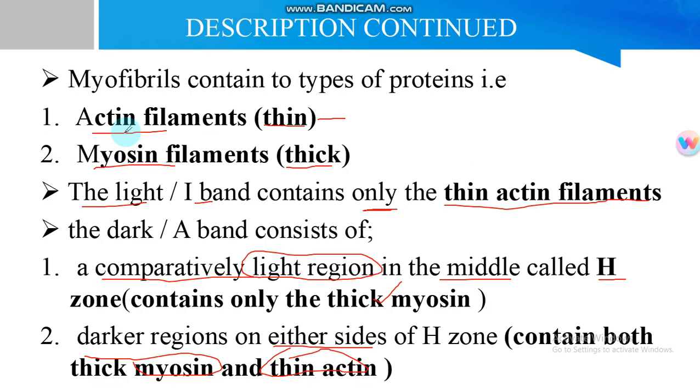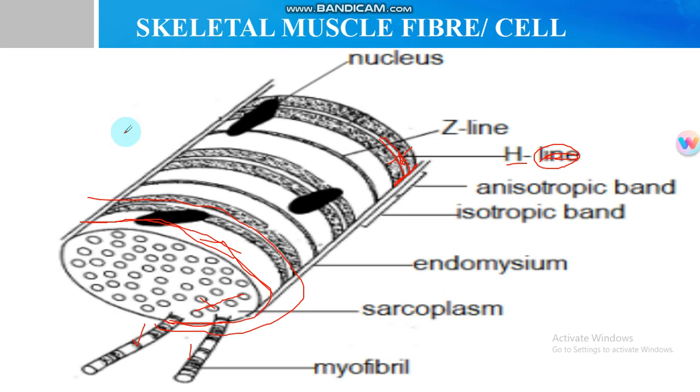So if we can go back, you see the whole of this from this point up to this point, the whole of this is the light band. Now, in the middle of this light band, you see this thick line here. Even here, from here up to here, is the light band.